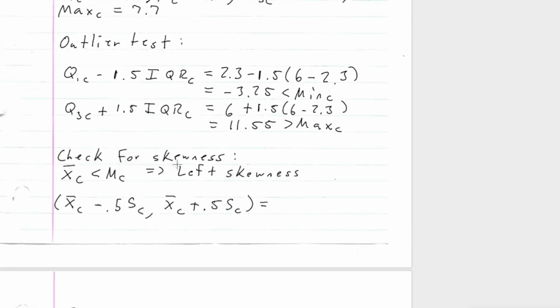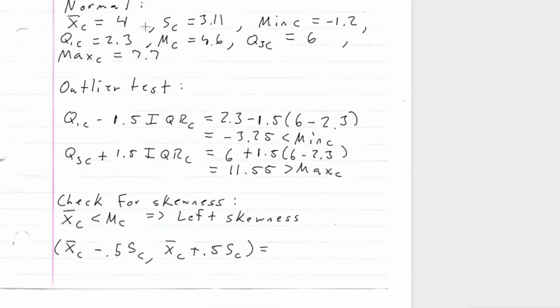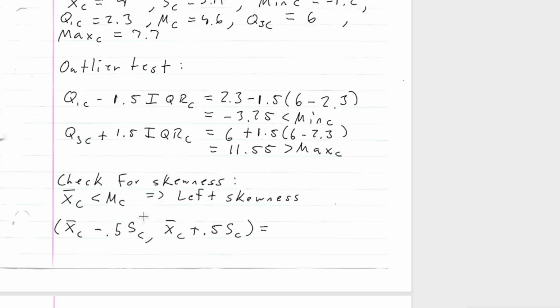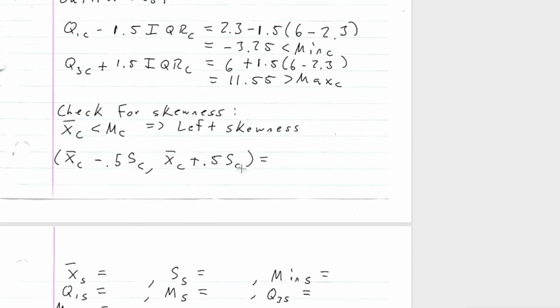Now, we're going to check for skewness. We do know that X bar is 4 and the median is 4.6. So there's going to be some skewness, but we're going to see how significant this skewness is, right? So this would be 4 minus 0.5 times 3.11, and 4 plus 0.5 times 3.11. And this is equal to 2.445 to 5.55.